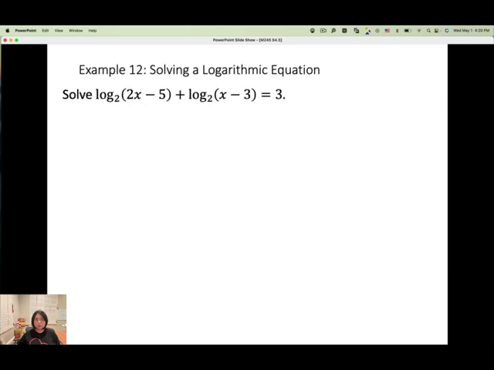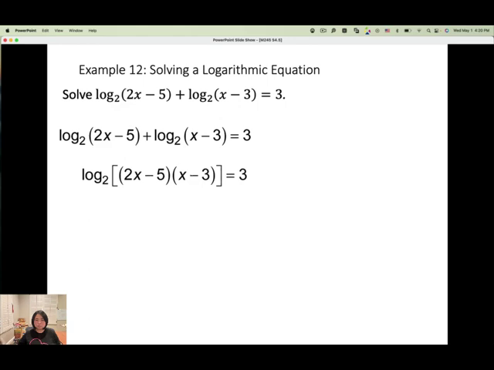Okay, how about this one? Same idea. We have log A plus log B, so we want to combine it. Log A plus log B equal to log AB. And then we rewrite the log function as an exponential function. So we have this expression equal to 2 to the power of 3.